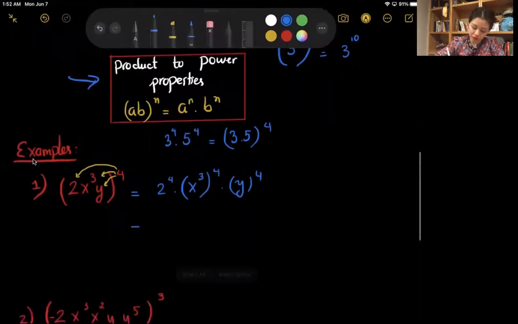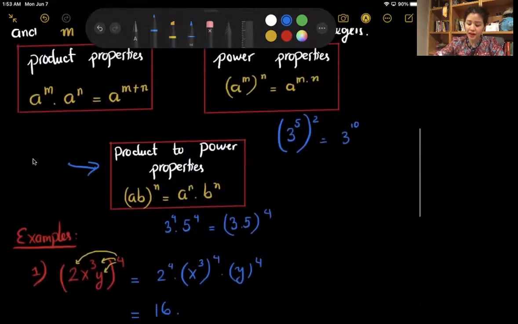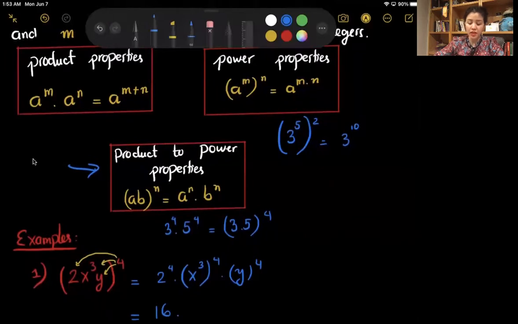And now we simplify. What does 2 to the 4 equal? 2 times 2 times 2 times 2, so that will be 16, right? Times x cubed to the 4, x to the third raised to the 4th power. What property is that? That's the power property: a to the m raised to the n is equal to a to the m times n.